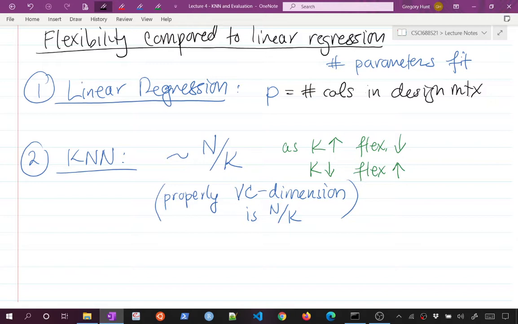So both these methods have ways to play around with the flexibility. For regression, it's going to be increasing the number of columns in my design matrix, or increasing the complexity of my design, as it were. For KNN, it's going to be choosing my value of k.